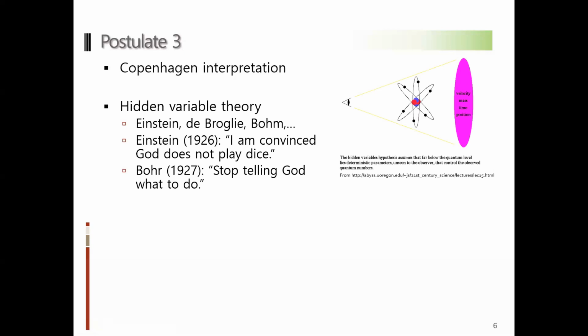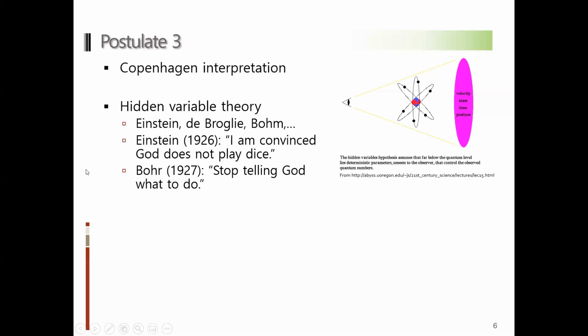EPR means Einstein, Podolsky, and Rosen, those three people wrote a paper, and they created an imaginary quantum state and asked how you could make this kind of state. So you cannot make this kind of state. So there is some flaw in the framework of quantum mechanics, or the Copenhagen interpretation.